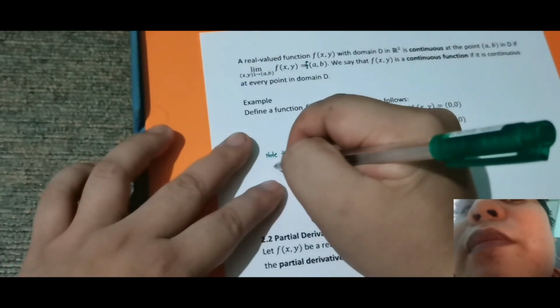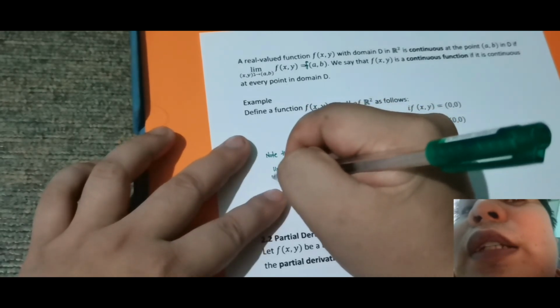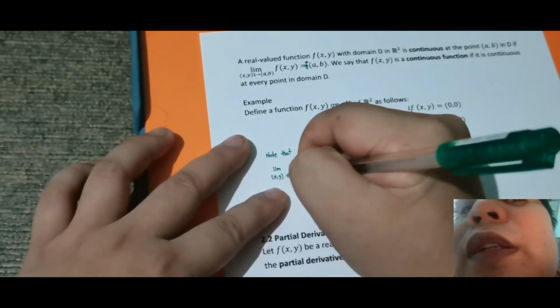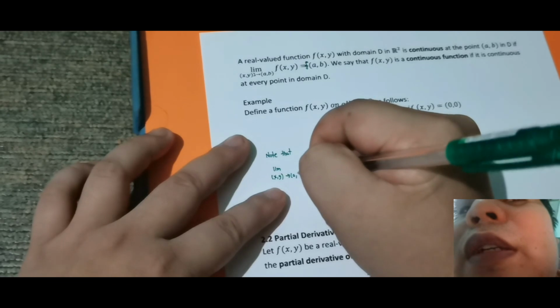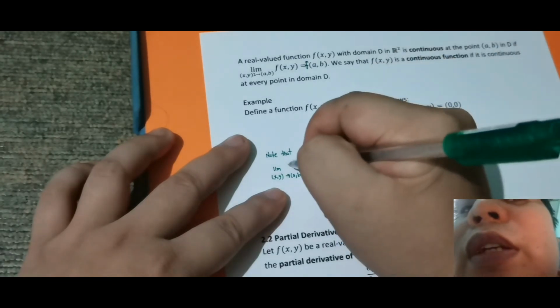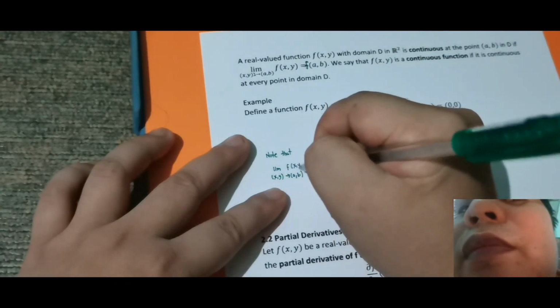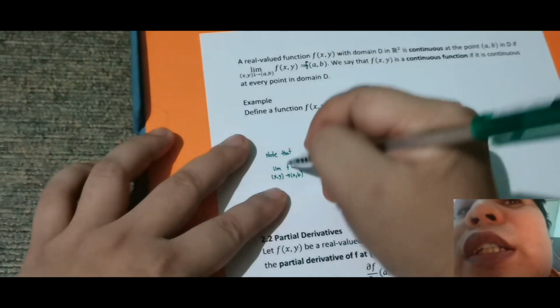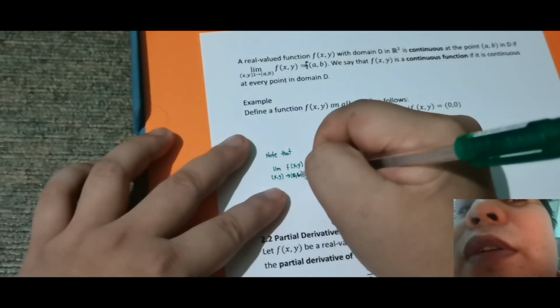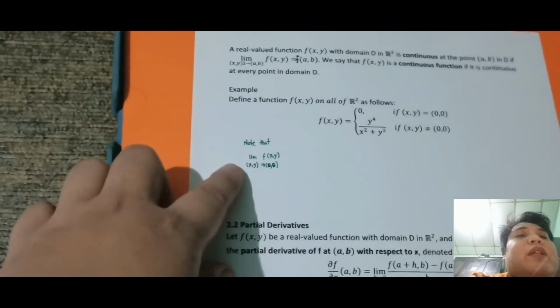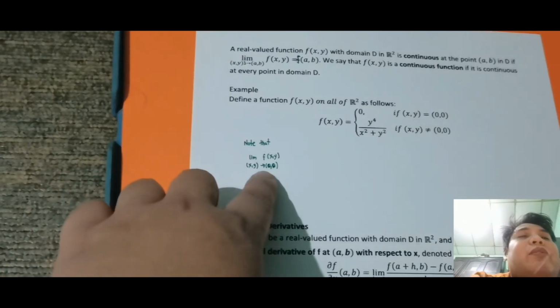the limit as x comma y approaches to a comma b nung f of x comma y, okay, 0 comma 0 na pala to. So 0 comma 0. Okay, so note that the limit of f of x comma y as x comma y approaches to 0, 0.